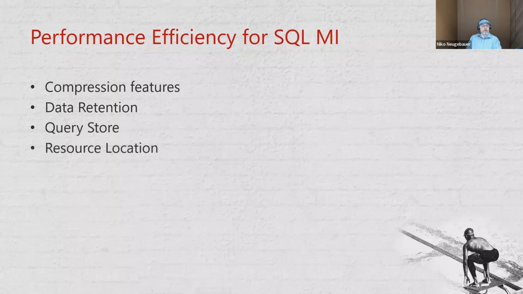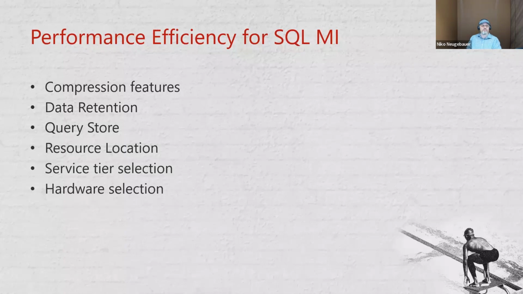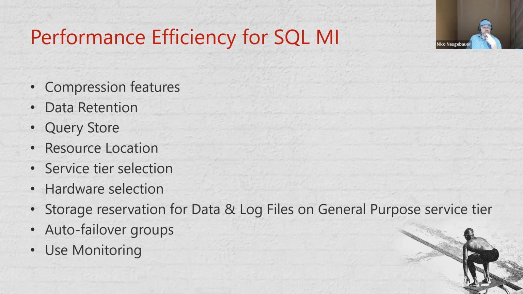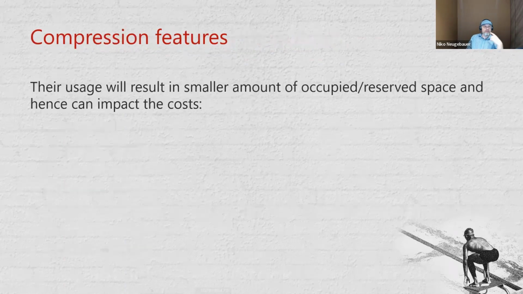Use Query Store. Resource location again, service tier selection, hardware selection, of course, affect your performance efficiency. And storage reservation for data and log files in the general purpose service tier. This is bread and butter. You will not even get the performance that you can have unless you do the right things. So out of all our groups, who has to do something with performance? Who would tell? And again, use testing, use monitoring, etc., etc.